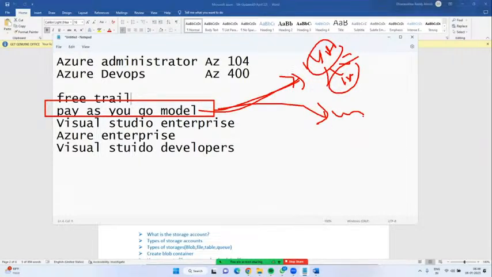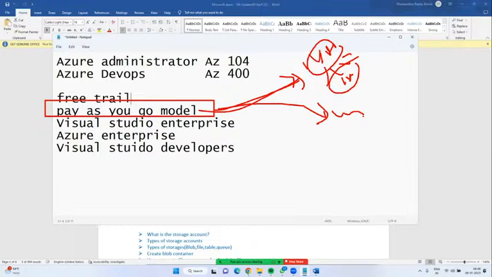The moment they delete the subscription, whatever services we deployed underneath it will get deleted, so the budget will stop. The project is over and we have destroyed the services. That is how organizations use these subscriptions.